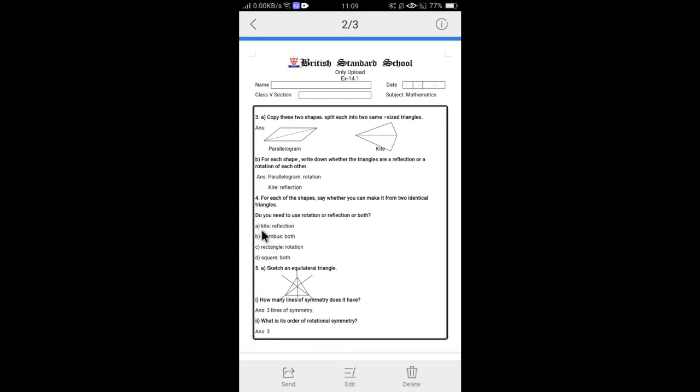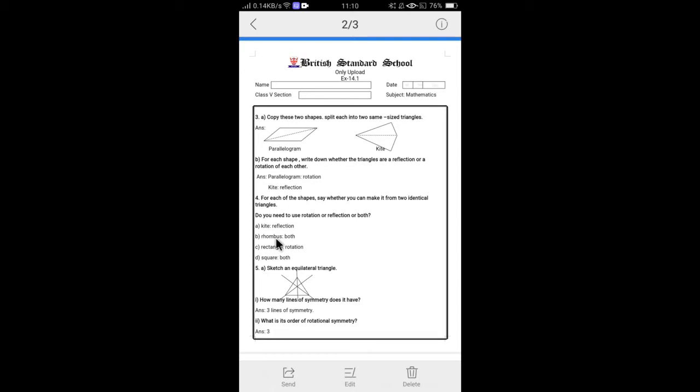For example, the first one, the kite, as we have done before, is a reflection. And what is a rhombus? A rhombus has four equal sides, but its angles are not right angles.